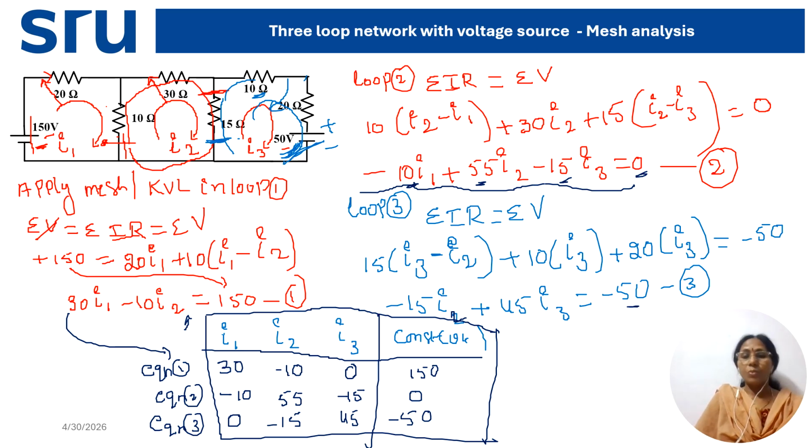Now I will explain how to enter these values in the calculator. If your calculator is this model, the Casio FX-991ES Plus, first select your mode of operation. In the mode of operation, the respective number for equation is 5, EQN. So press 5.